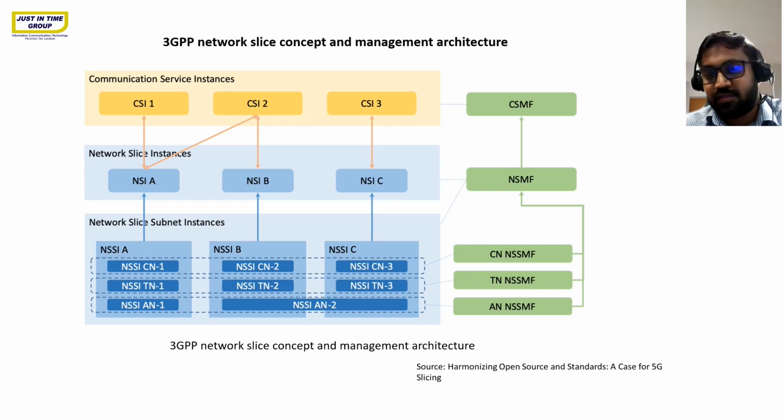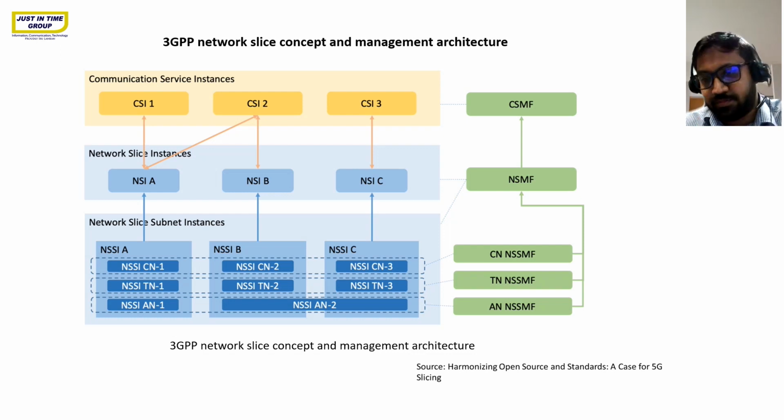There has to be an API call that should be able to instantiate the NSI, network slice instance, down below. On the right side, you can see different management functions related to each respective domain. For the communication service instance, you can have a network function called CSMF.